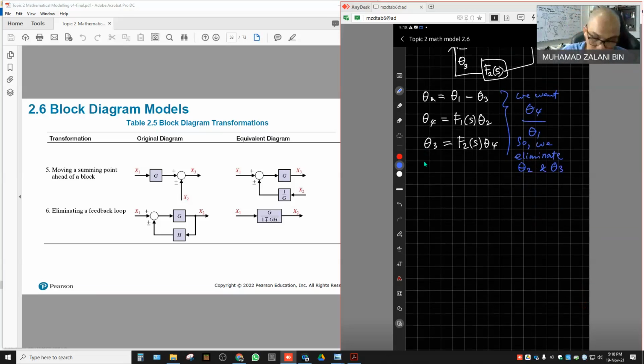So how do we eliminate theta 2 and theta 3? Let's say from here, just take theta 2 equals theta 4 divided by F1S. Right? Take theta 2. Then we substitute theta 2, which is we have this equation: theta 2 equals theta 1 minus theta 3.